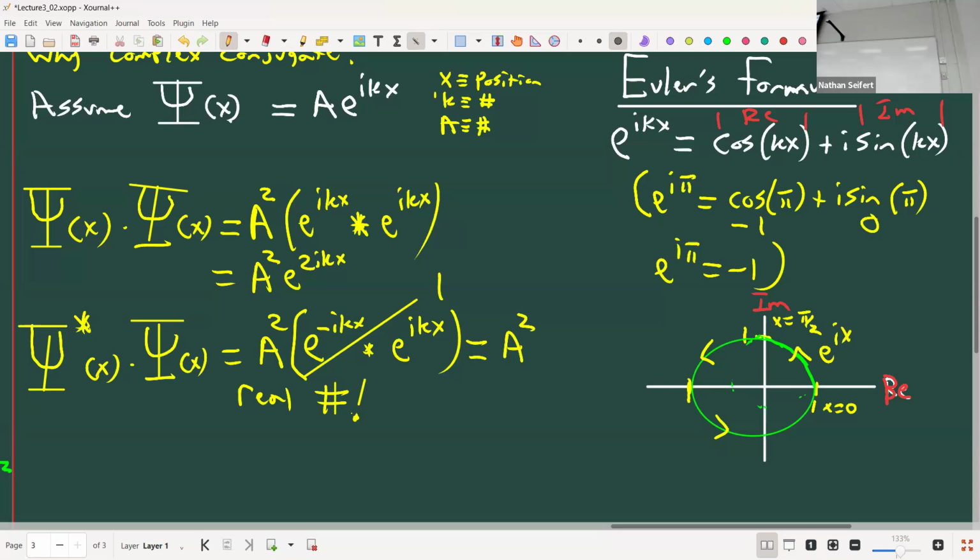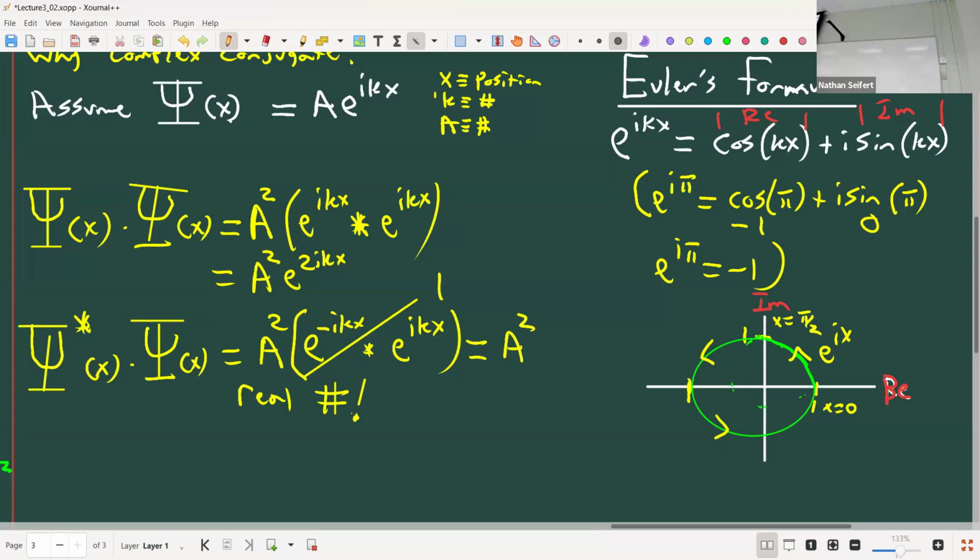They're equivalent. E to the ikx is a counterclockwise motion, so the phase of the wave is moving in this direction. E to the minus ikx goes the opposite direction. So what you're doing is multiplying a wave that's going like this by the equivalent wave that's going like this, and they cancel each other out. By taking psi star psi, we cancel out that ambiguity about the complex numbers, whether the wave is going this way or this way.